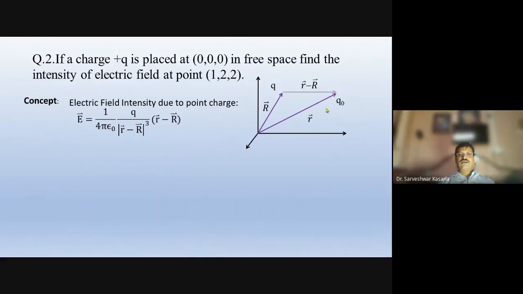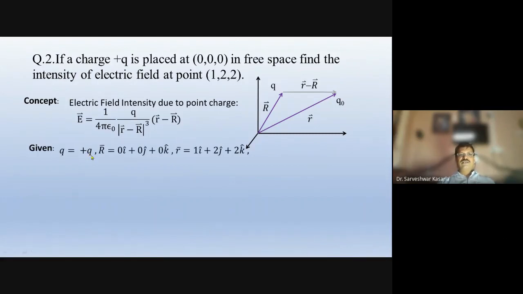You have to remember this capital R is the position vector for the charge q, where charge q is situated. So what is given?